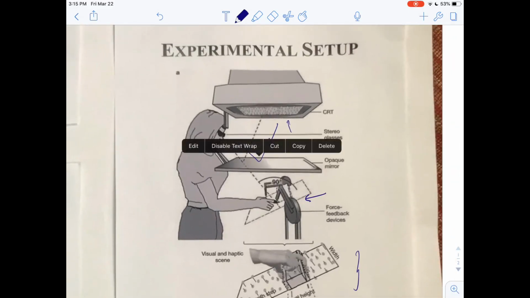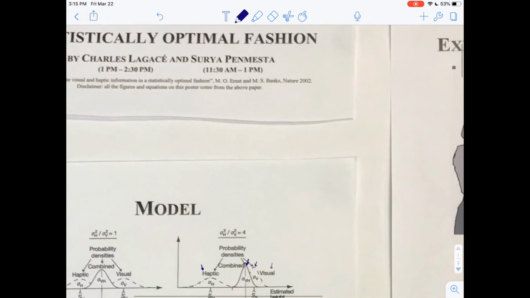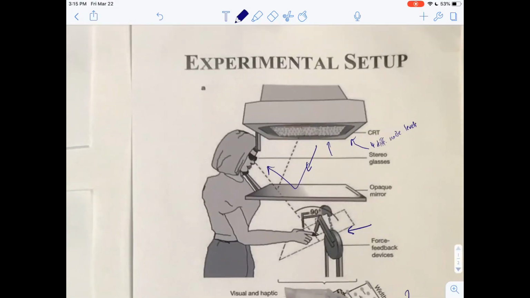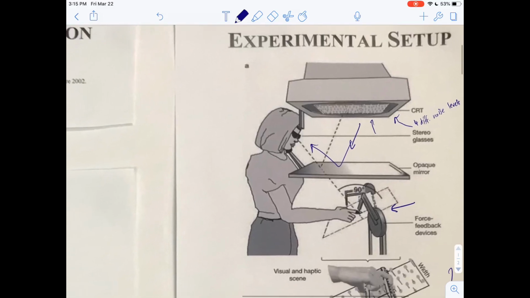Another thing that the paper did is it added visual noise to each of the visual inputs. Specifically, it added 4 different noise levels. The use of doing this is to verify if MLE is satisfied even with varying visual noise. So let's see what happens when you add visual noise to the visual input.